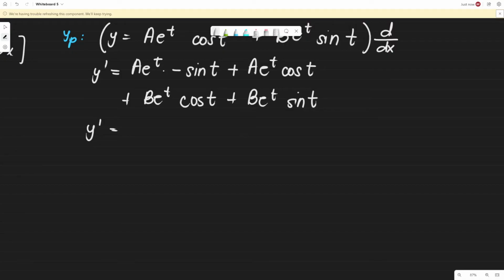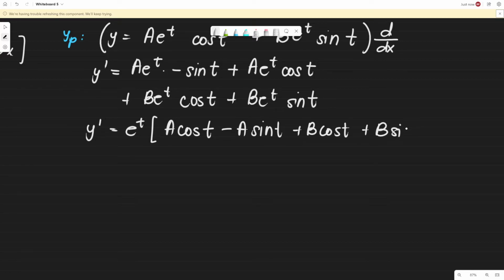So we have here y prime is equivalent to e^t times a cosine t minus a sin t plus b cos t plus b sin t.